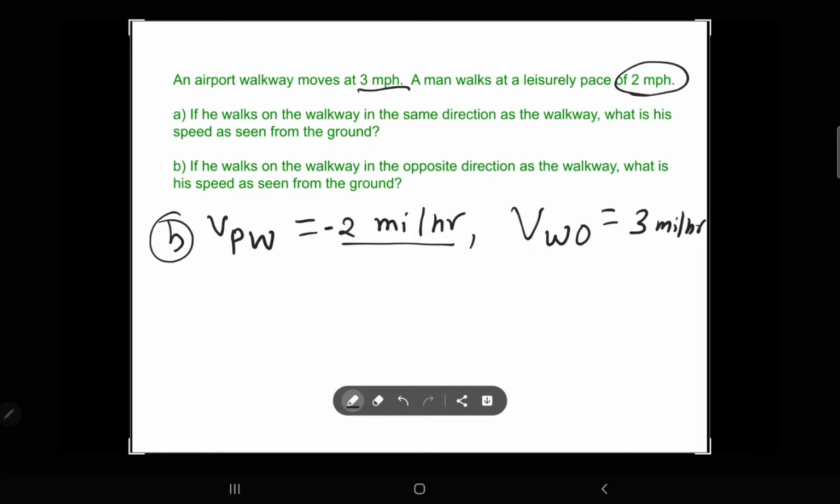Using the same approach, the velocity of the passenger with respect to the observer sitting on the chair is minus 2 plus 3, which is 1 mile per hour. So if he is walking in the opposite direction, the observer sitting on the chair at the airport will see the passenger walking with a velocity of 1 mile per hour.